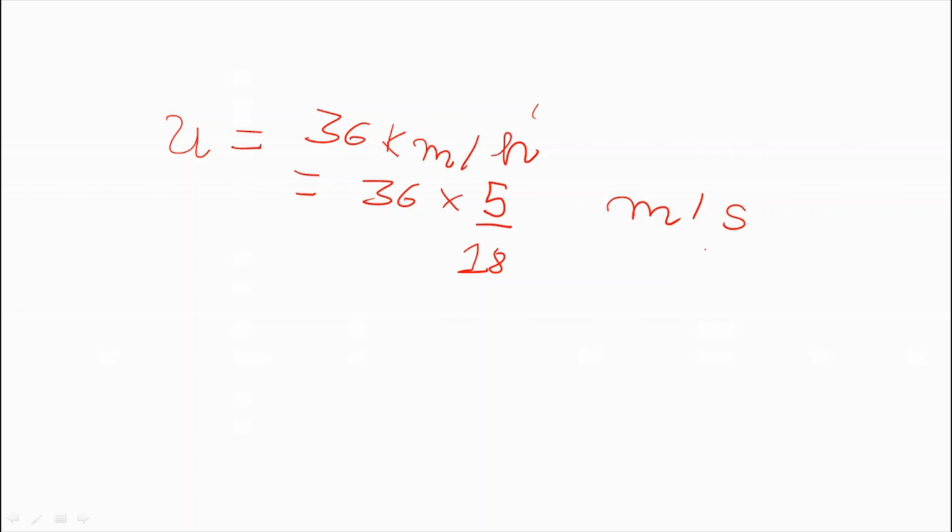We have to convert it to the SI unit of velocity, which is meter per second. You will be thinking why I have taken this as 5 by 18. This is a shortcut method for converting to meter per second, otherwise it would be a longer method.